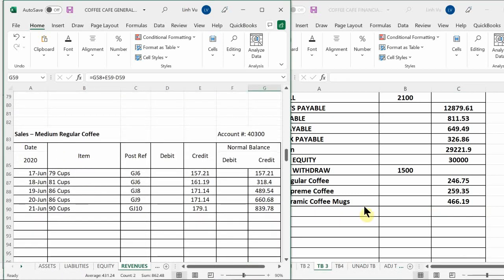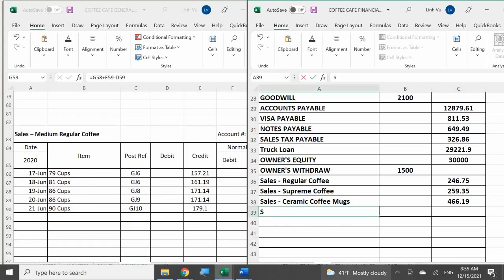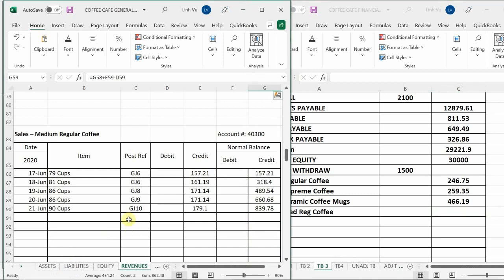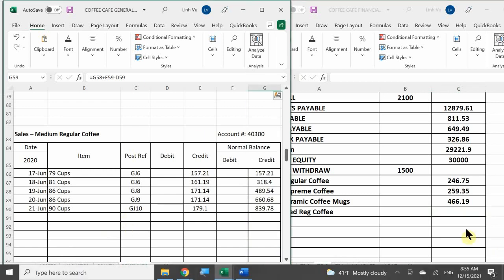Sales medium regular coffee. How much is that one? 839.78.